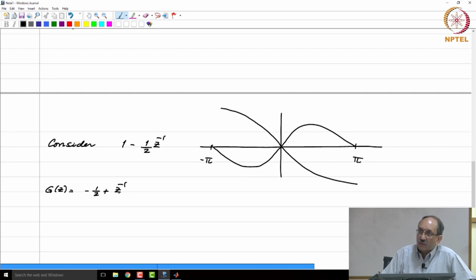And if you put z equal to minus 1, which corresponds to omega equal to pi, this turns out to be minus 3 by 2. Minus 3 by 2, the phase angle is pi. Therefore, at this point, it will hit pi and this will be minus pi. So, this is what the phase response will look like.